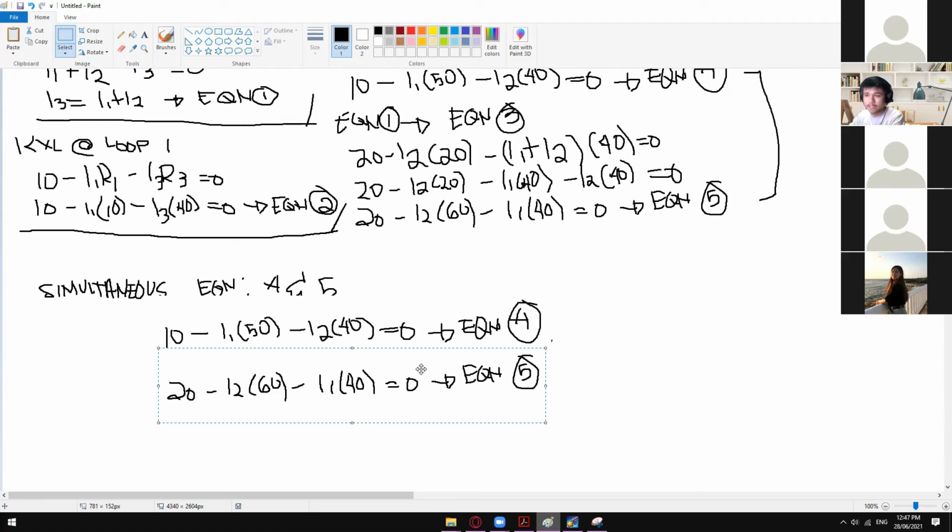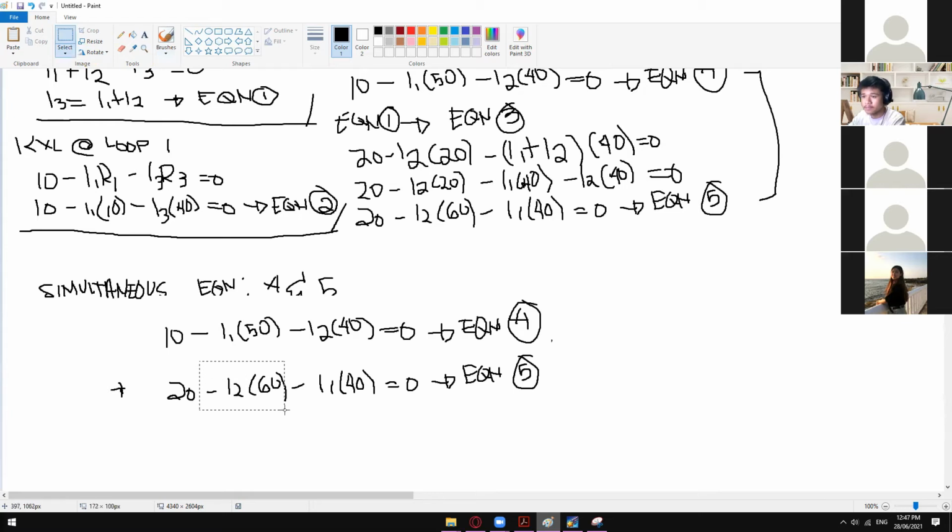It's like we're going to add them. So in here, we could actually add them already, but before that, we have to multiply a certain value for us to be able to eliminate one variable. So let me just arrange this one so that I2 and I2 are aligned with each other, and then I1 and I1 are aligned with each other.